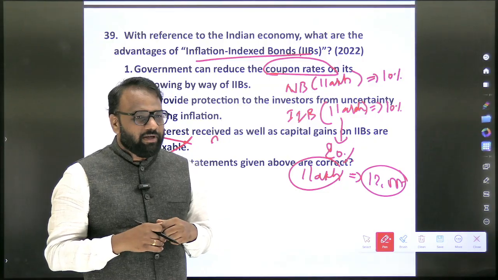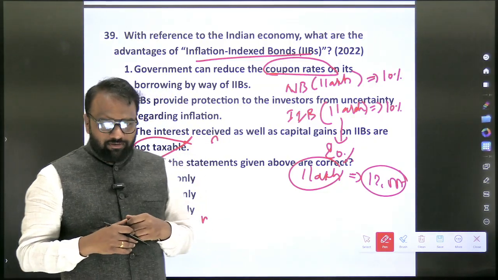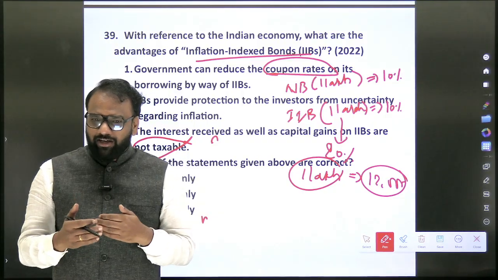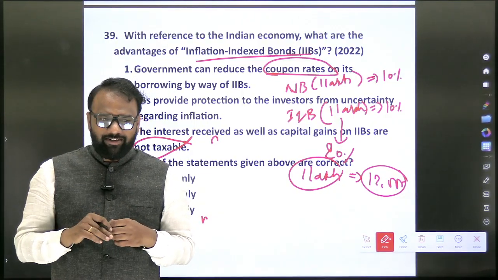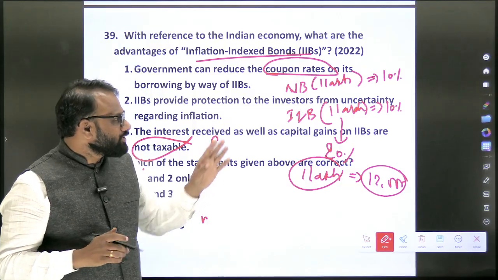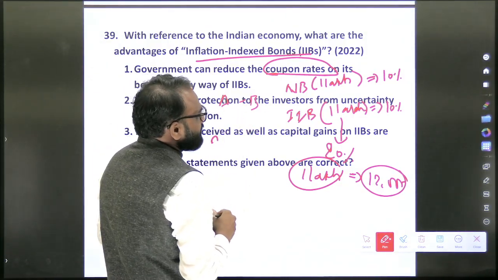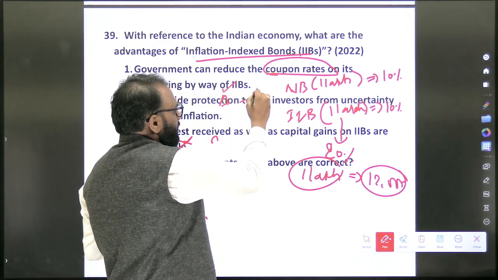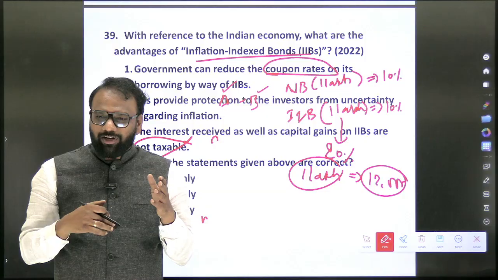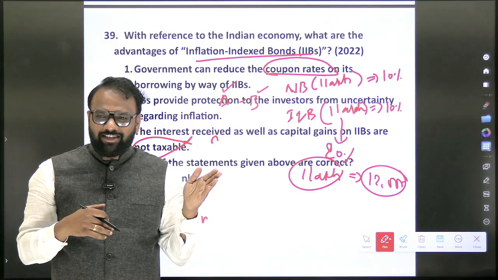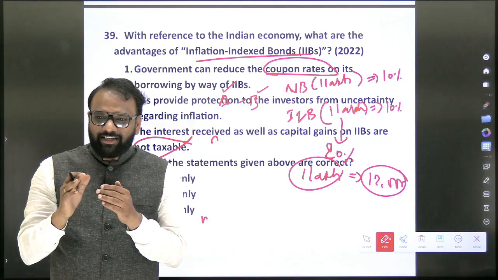Now, when you are negotiating for inflation indexed bonds, what will the opposite person see? Whether he'll pay a higher rate of interest or a lower rate of interest. Two people, A and B, are negotiating. A is the bond issuer, B is the bond purchaser. For the bond purchaser, what kind of bonds do you want? Inflation adjusted, because he wants protection against inflation.